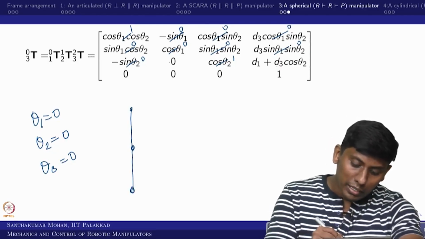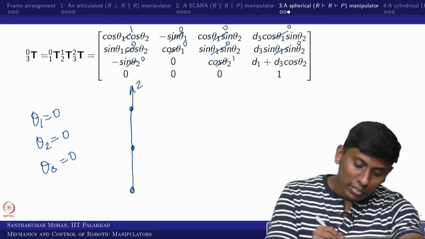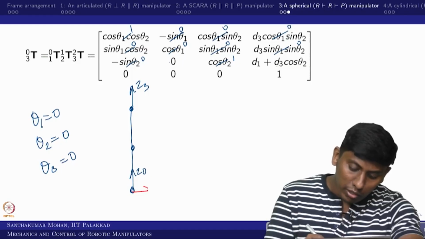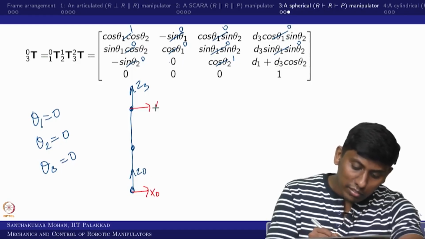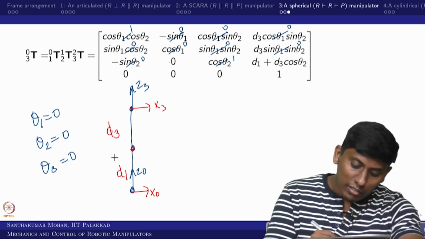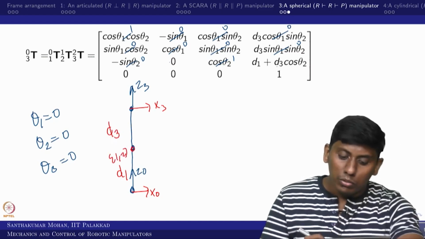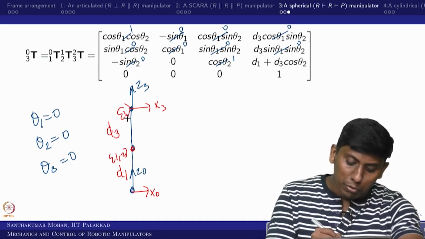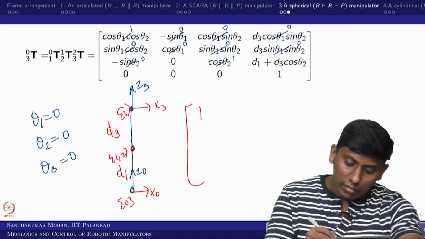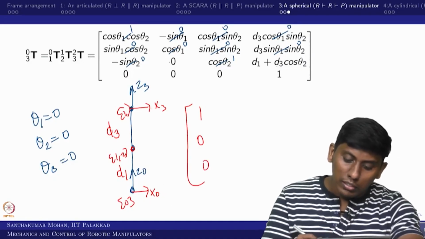You would recall what we did. We have taken it this way, right. So, this is Z3 and this is Z0, and I am drawing this is X0 and this is X3, and this distance is D1 and this distance is D3. If you are looking at the third frame projected on 0, what are the things? The x axis is parallel, so 1 0 0, right.